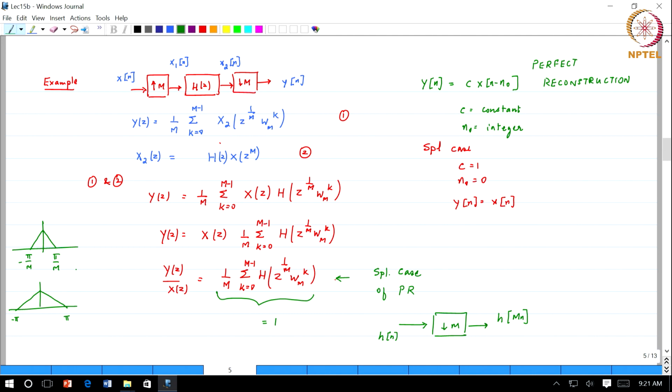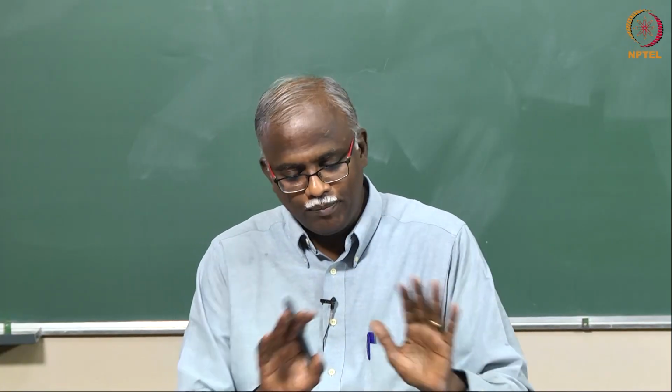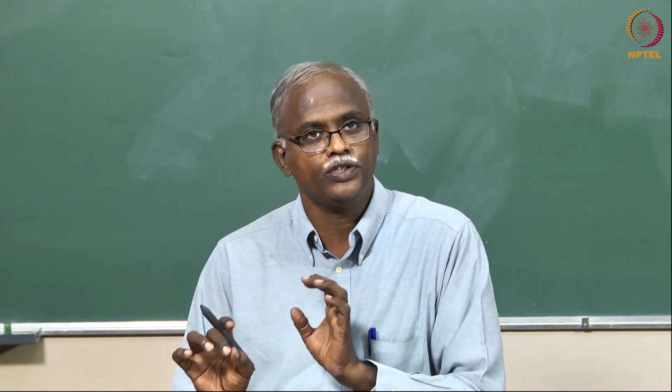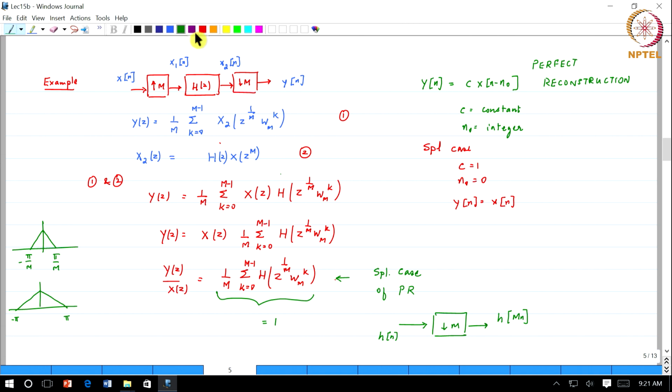Okay. So, basically this is a structure that we are familiar with, because I know that when I do perfect upsampling or interpolation followed by downsampling, I will get back the original signal without loss. What was this filter? Ideal low pass filter with cutoff minus pi over m to pi over m. Okay. That was the ideal low pass filter. What was the time domain response of this?